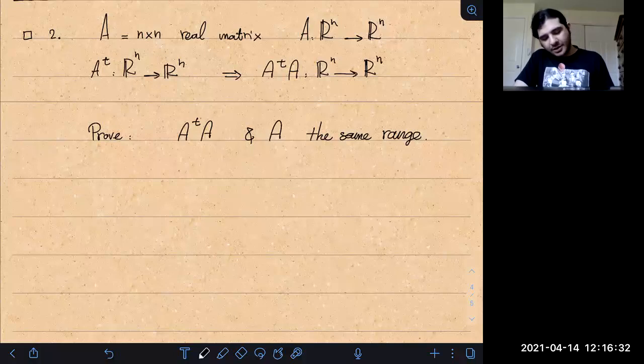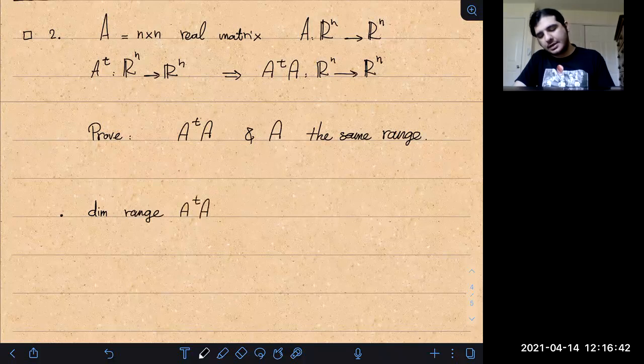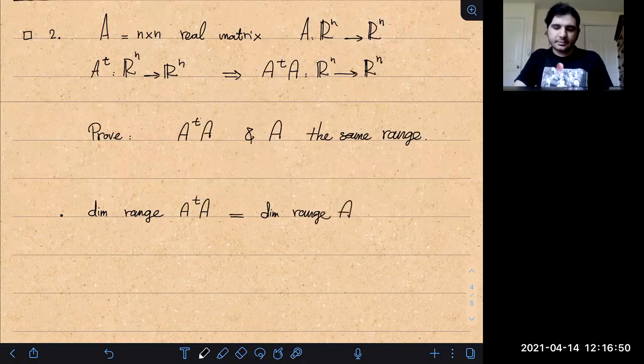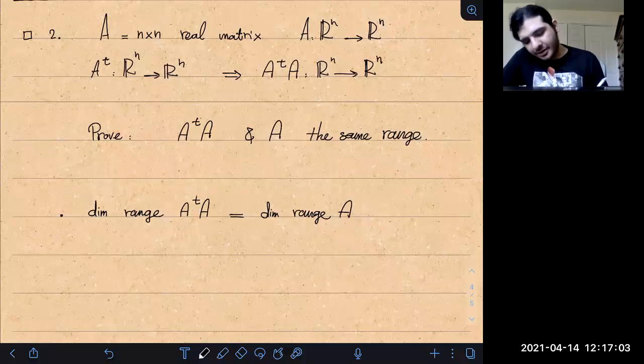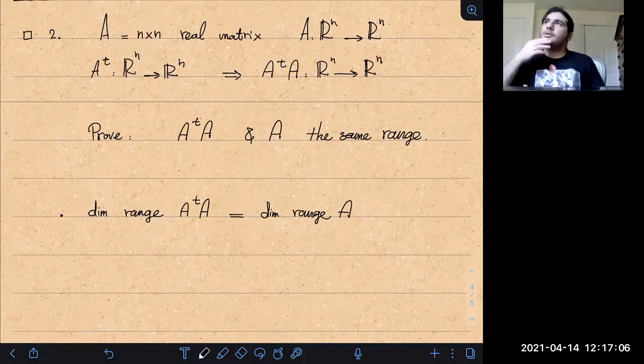So actually what you said was in the direction of proving that the dimension of the range of A transpose A is equal to the dimension of the range of A. That's interesting. Let me just think for a second to make sure there is nothing wrong with the question.